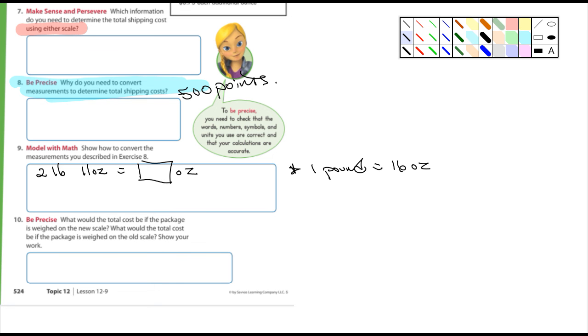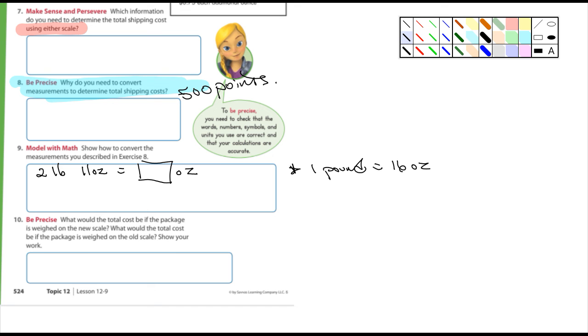I'm not looking for a difference between the old scale and the new scale. I'm kind of assuming we're going to be using the new accurate scale. So I think that's pretty much all we would need in number 9. At least that's all I'd be looking for. Number 10, what is the total cost? What would the total cost be if the package is weighed on the new scale?